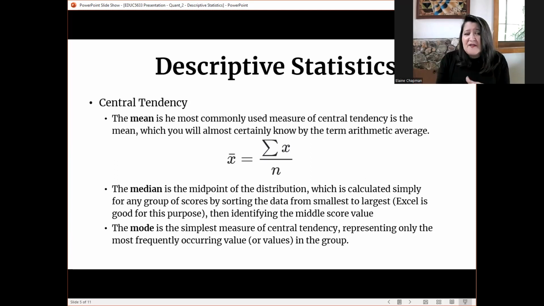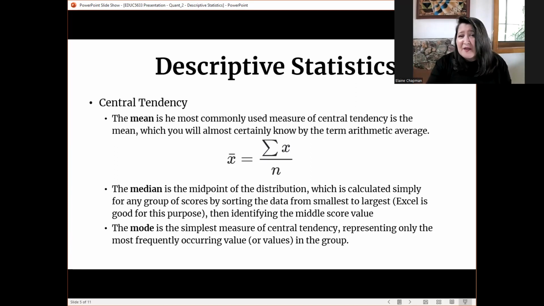The mode is actually the simplest measure of central tendency available, and for that reason, it doesn't tend to get used very much. It can be useful in some very simplistic situations. For example, when we just want to know which of particular statistical packages are most popular, the mode, which is just the most frequently occurring score within our set of scores, might be applicable in that situation.